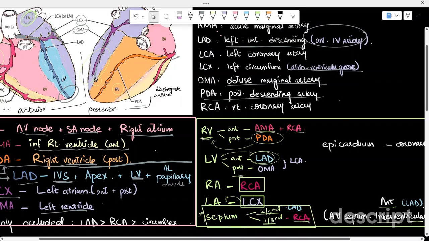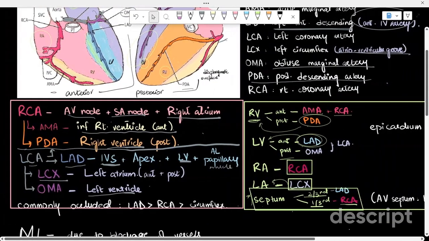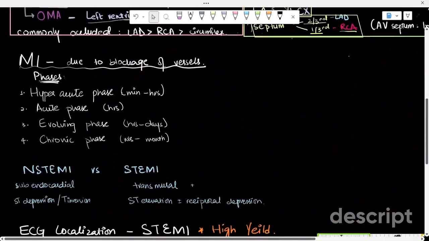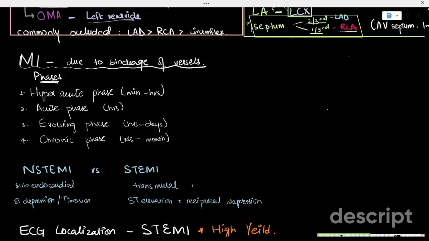As you can see over here, the septum will be somewhere over here, and the 2/3 part is supplied by LAD and 1/3 by RCA. So this was about the heart supply. Also note that the most commonly occluded artery is left anterior descending artery. After that, it's right coronary artery, and after that, it is left circumflex artery.